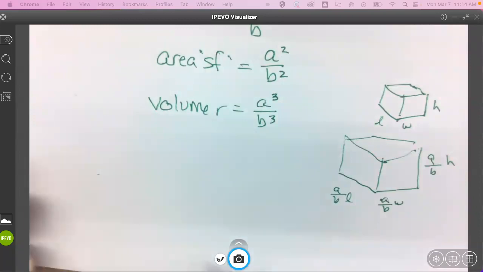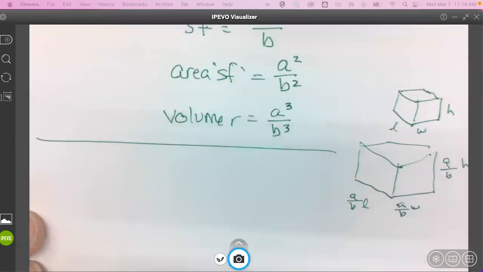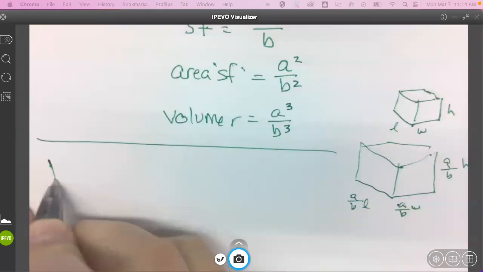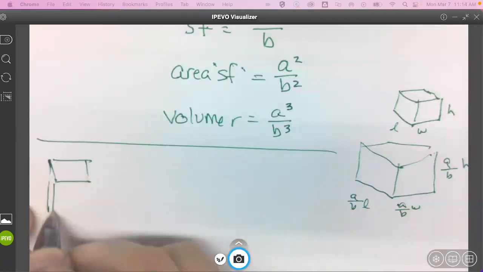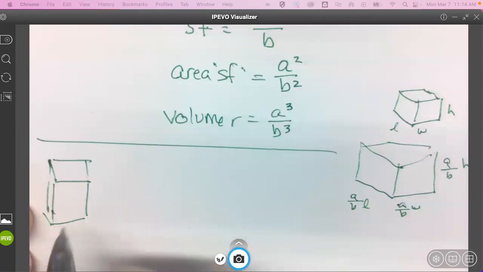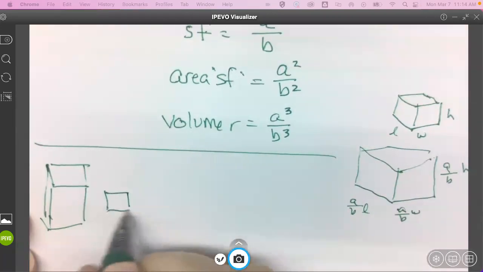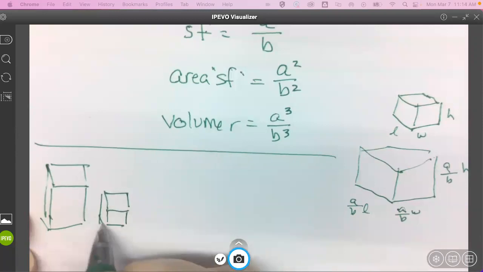Now, what this is going to look like is, for example, if I were to tell you that I've got 2 quadrilateral prisms, and I know we don't know those terms yet, but let's say that these 2 shapes are similar.